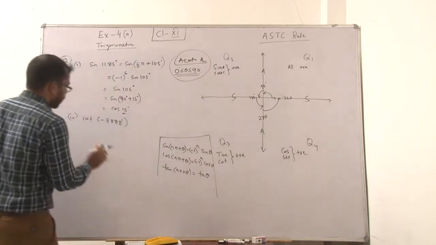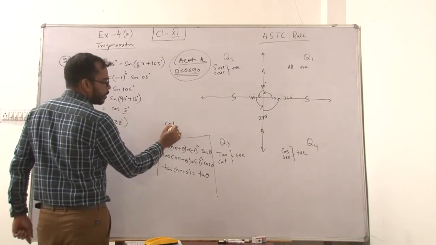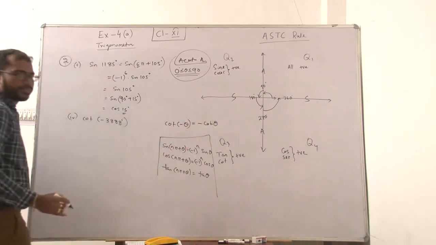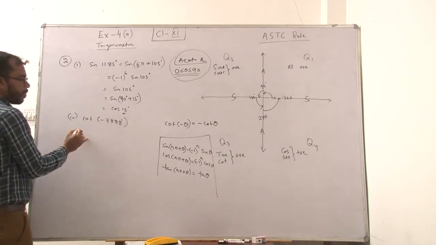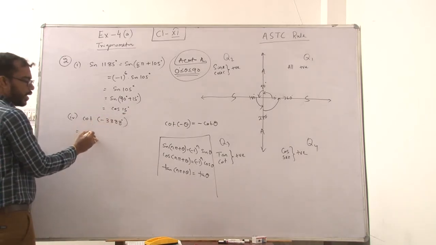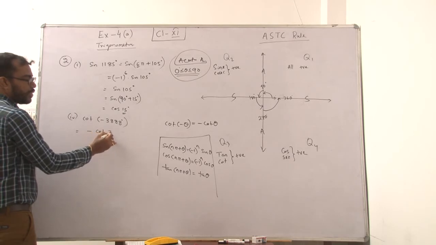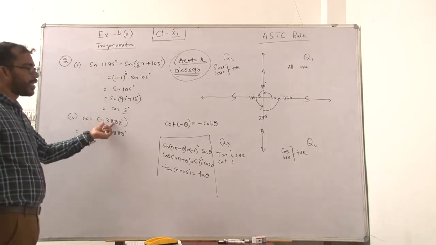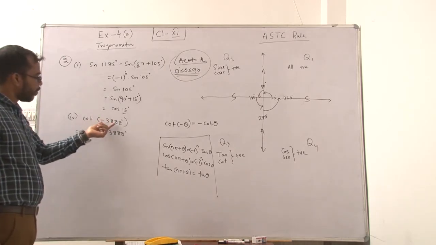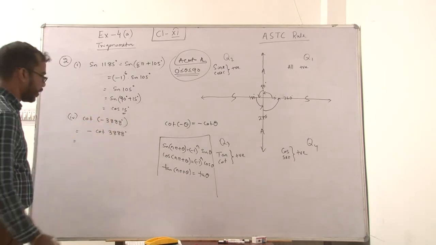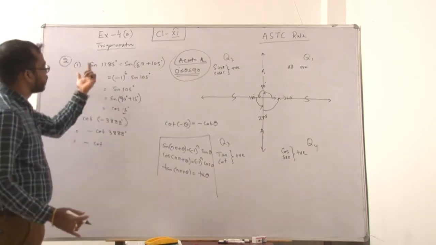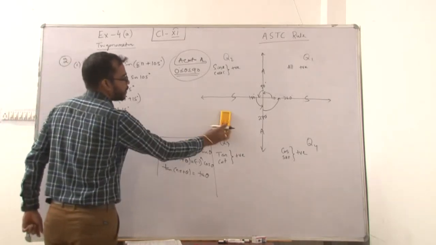As you know, you can use this formula: cot of minus θ is equal to minus cot θ. So you can write minus cot of 3888 degree. First we omit the negative sign, that is cot (-θ) is equal to minus of cot θ.